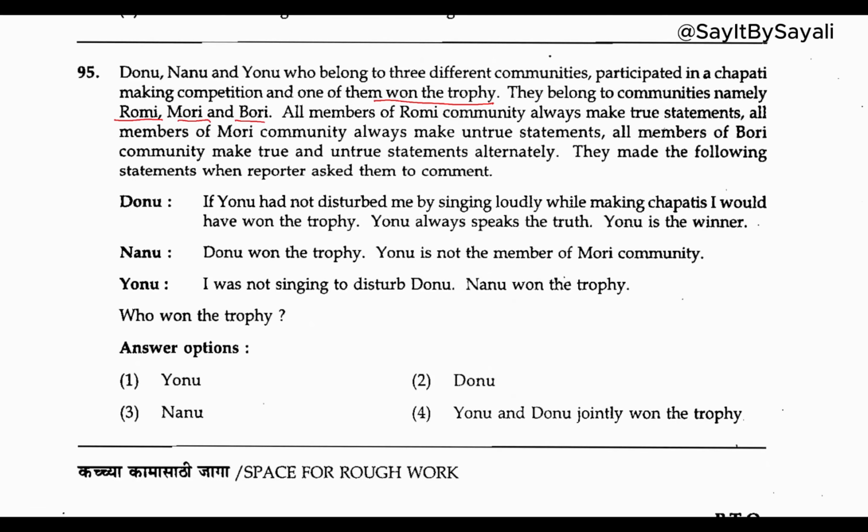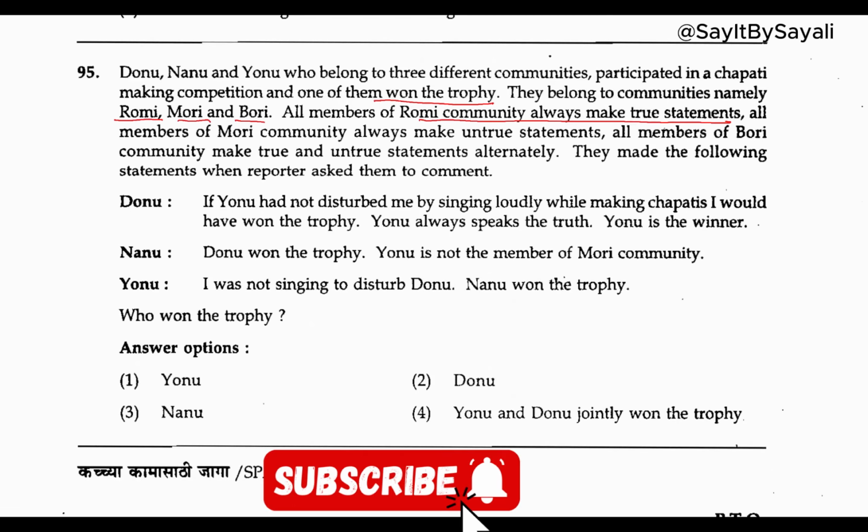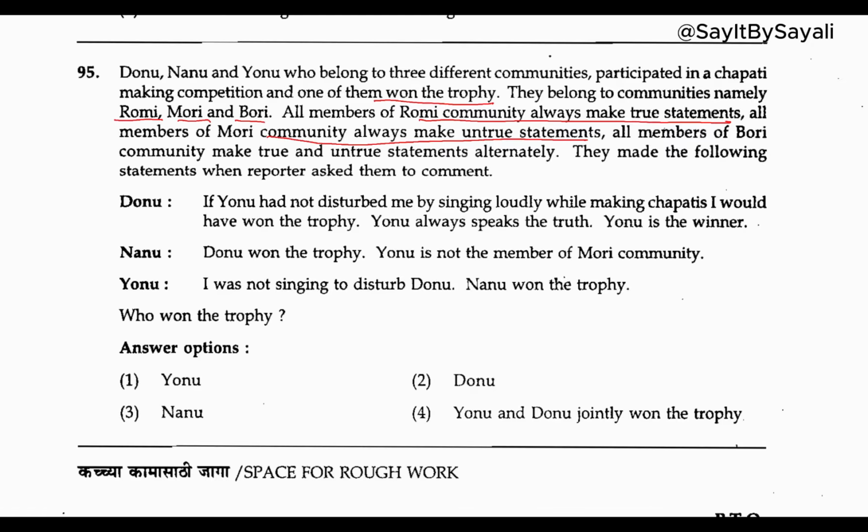All members of the Romi community always make true statements. All members of the Mori community always make untrue statements. All members of the Bori community make true and untrue statements alternately. Then they made the following statements when the reporter asked them to comment.